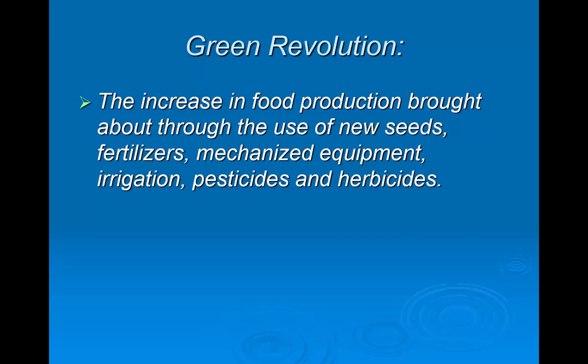I mention that because we're going to see irrigation play a major role in some of our case studies as a start point. As a start point to try to deal with boosting food production.